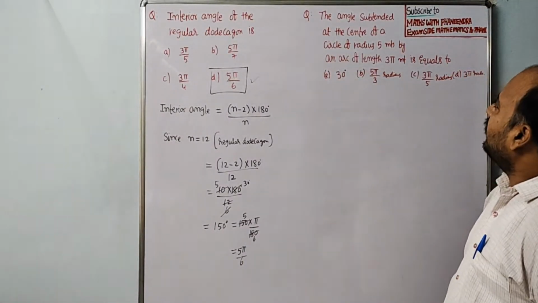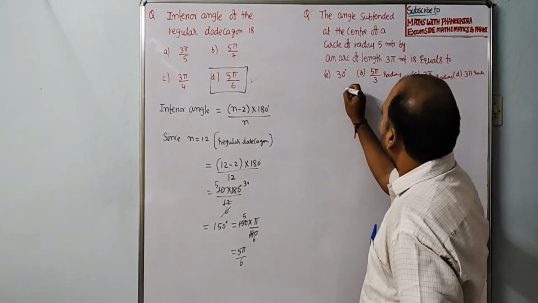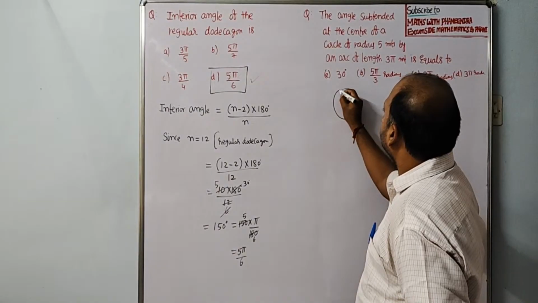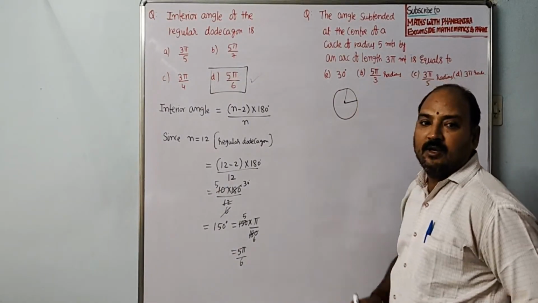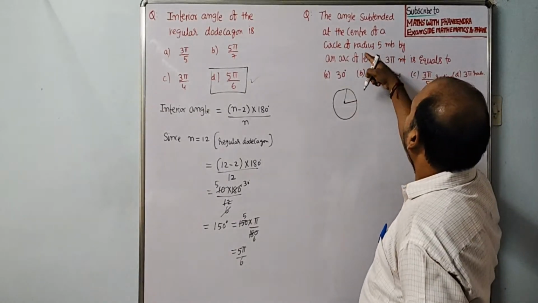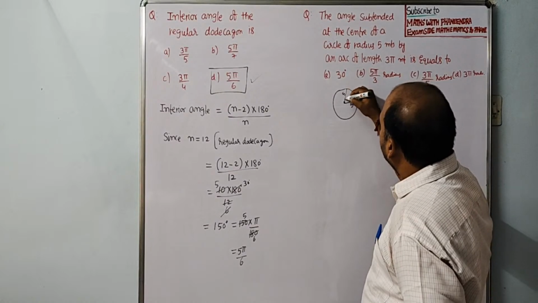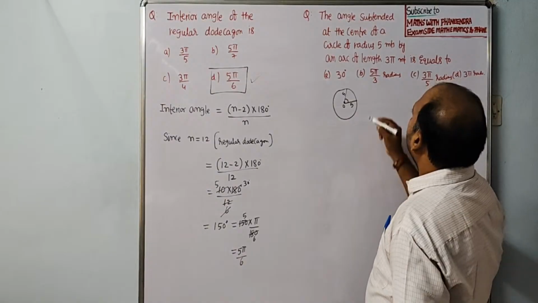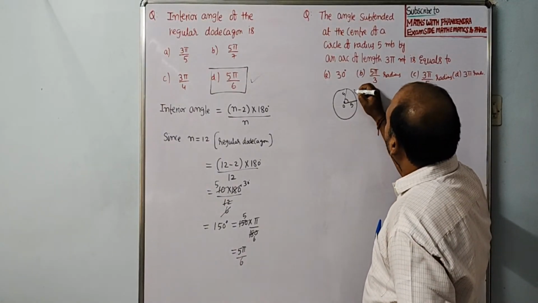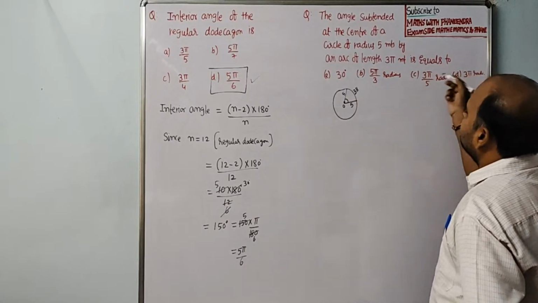Here, the angle subtended at the center of a circle, the rough figure of the circle. This is the radius. This is the angle, dear students, at the center. An arc of length 3 pi meters.